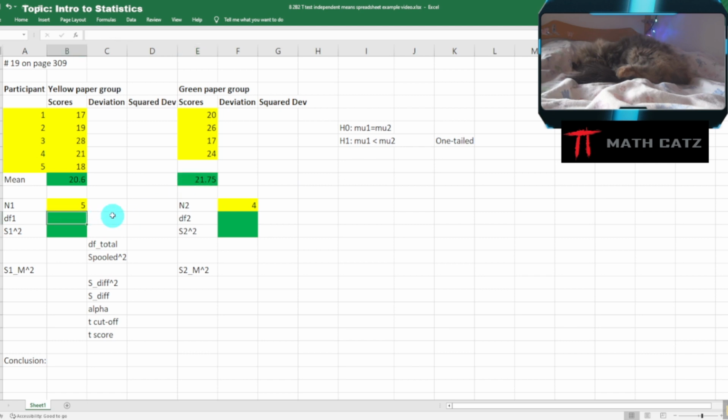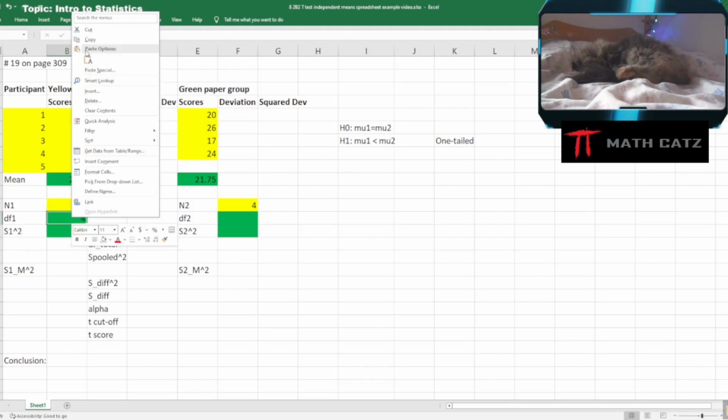The degrees of freedom in this case is one less than each sample size. So we'll calculate that by starting with an equal sign, one less than the sample size in each case. What's also nice with the spreadsheet is I don't have to type in everything in detail. What I have here is a calculation that takes the cell right above that, and subtracts 1.